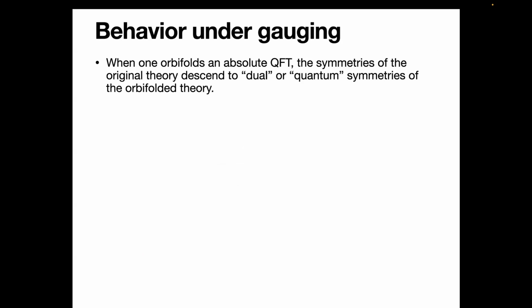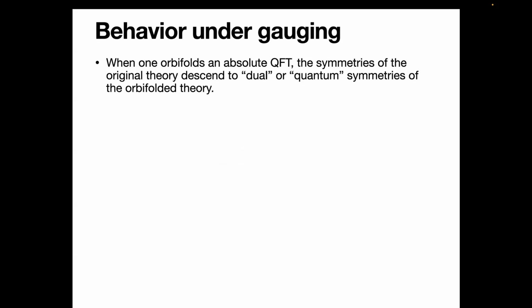Okay, so one thing I want to emphasize is that your favorite thing about symmetries of absolute theories has an analog in this relative setting. And just because it'll help me construct this non-invertible example in a second, let me give you one example of a thing that generalizes from the absolute setting, which is this notion that symmetries behave well with respect to gauging.